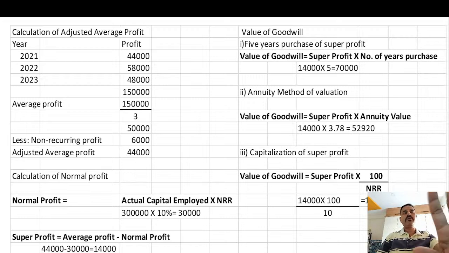Like that you can mention in your comments, or in your own language also. In 5 years purchase of profit, it is very simple and easy to calculate, you can mention. The annuity method is also very easy to calculate. Then for capitalization of super profit, you should know the formula, and as per this the value of goodwill is more compared to the other two methods. Like that you can also make a comment on this problem.